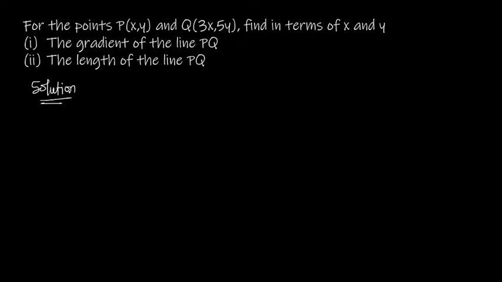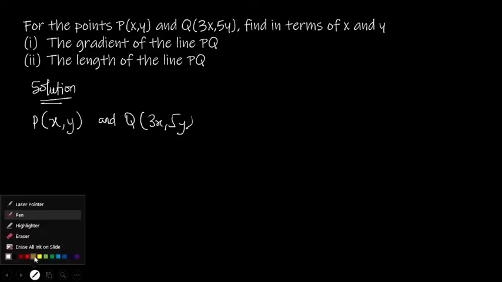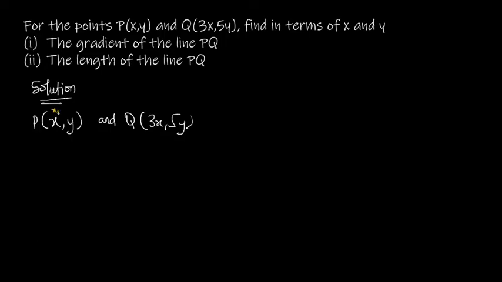So we have the point P, which has x and y, and then we have our second point Q, 3x, 5y. We are to find in terms of x and y the gradient PQ and then the length PQ.